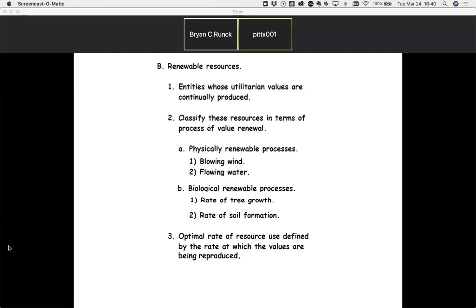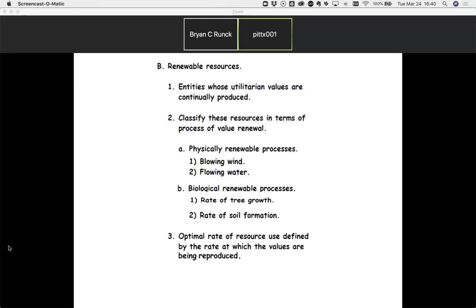Wind energy in the case of blowing wind with turbines, and hydroelectric dams to take advantage of the potential energy in flowing water. Then we can also talk about biological renewable rates. This is rate of tree growth or rate of soil formation.